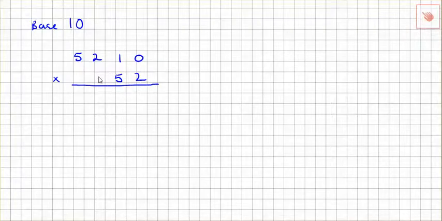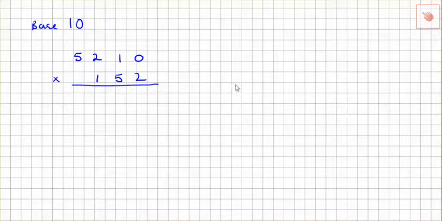What if I asked you in base 10 to do 5,210 multiplied by 152? Let's do it like that. How would you do that?